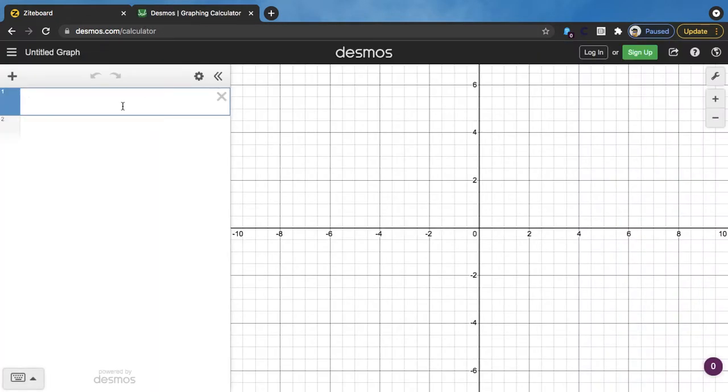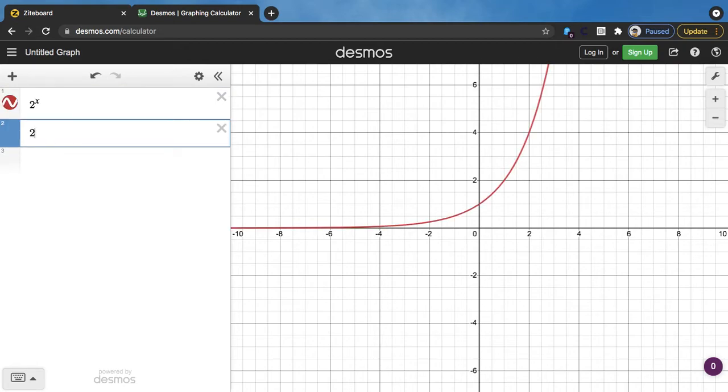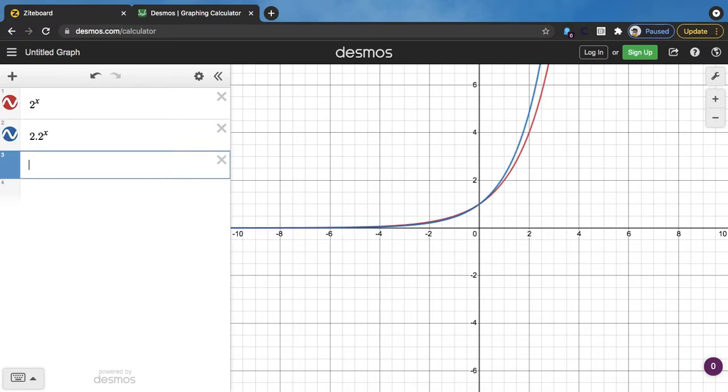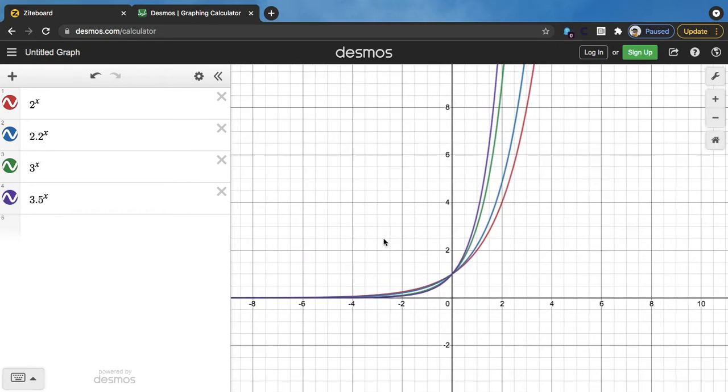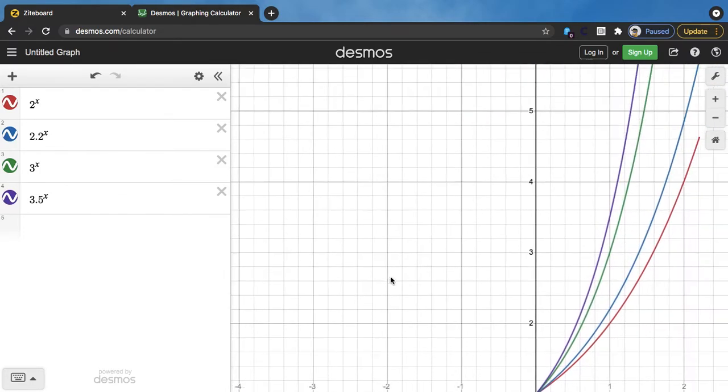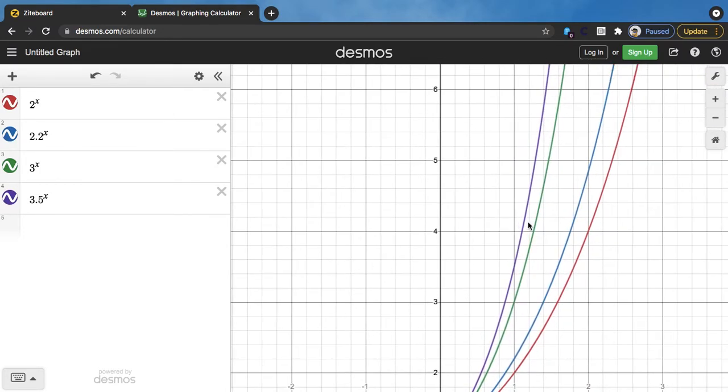So I want to look at first all numbers greater than 1. So 2 raised to x, 2.2 raised to x, and then 3 raised to x, 3.5 raised to x and so on. So as I'm increasing the base, what you are seeing is that the graph is approaching closer and closer to the y-axis.